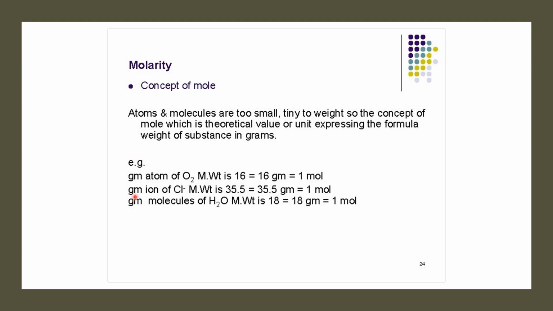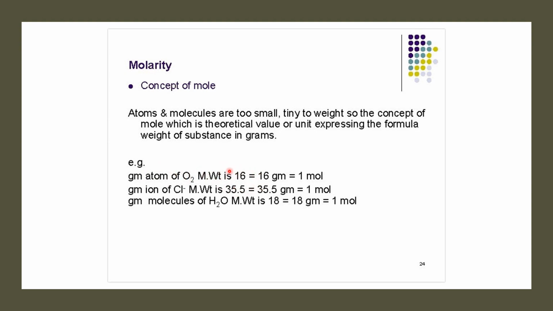Basically, here we have examples of the relationship between the atomic weight, molecular weight, the molar mass, and the moles of a particular substance. For our first example, we have oxygen. Oxygen is an atom, and it is also a diatomic gas. An atom of oxygen has an atomic weight of 16.